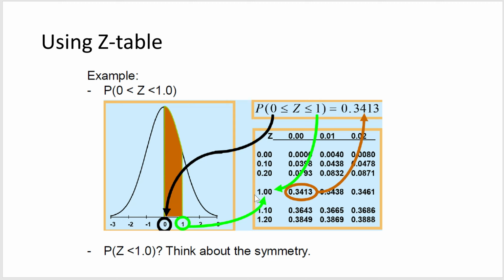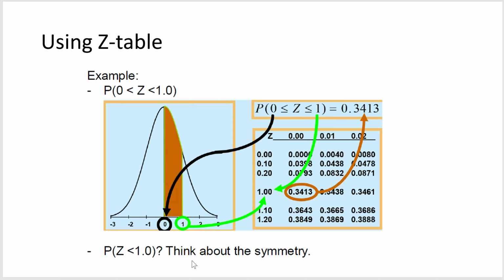It says if z is 1, from 0 to 1, the value is 0.3413, so this brown area is 34.13% of the entire area.